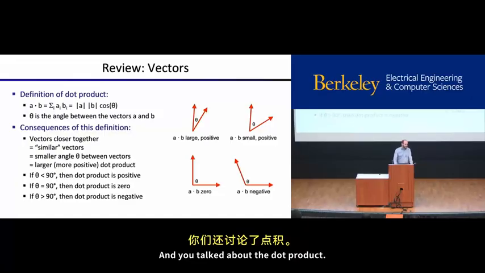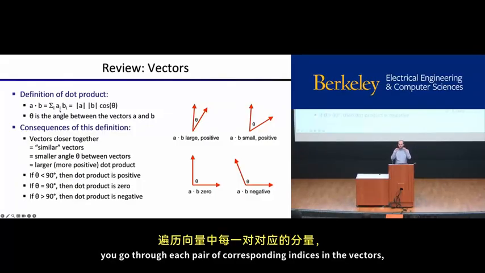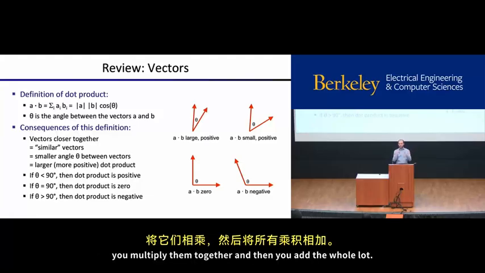And you talked about the dot product. The way you compute the dot product is you go through each pair of corresponding indices in the vectors, you multiply them together, and then you add the whole lot.